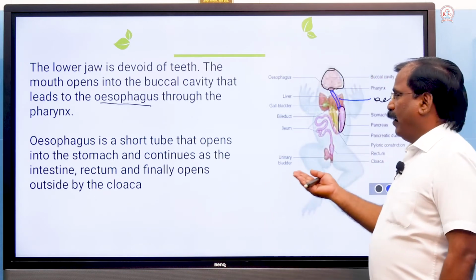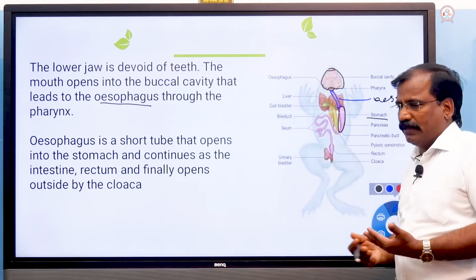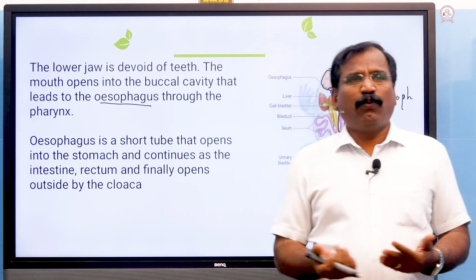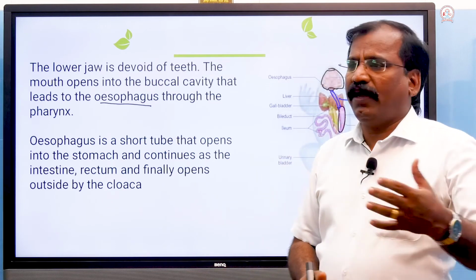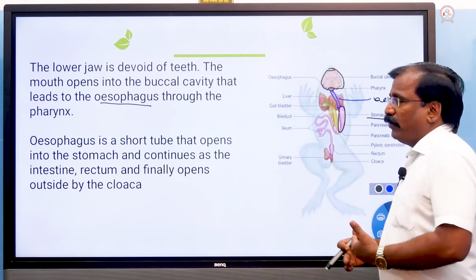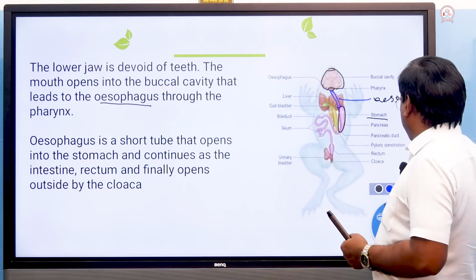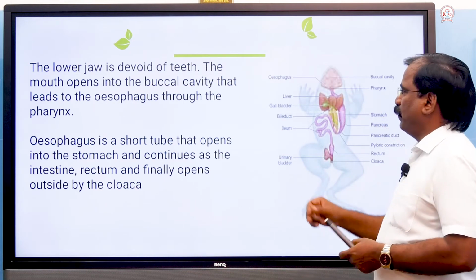The esophagus opens into the stomach. It is a large organ where the food is stored temporarily, and not simply storage, a part of the digestion also takes place in the stomach region.